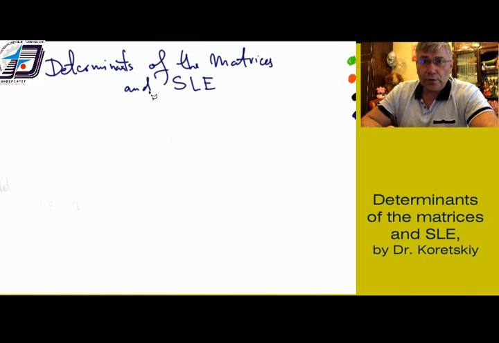Okay, I think they are pretty good for a system of linear equations with two equations. But what happens if we have 3 equations and 3 unknown variables? So I put here the common view of the system of equations.